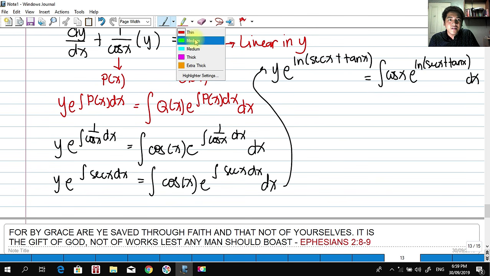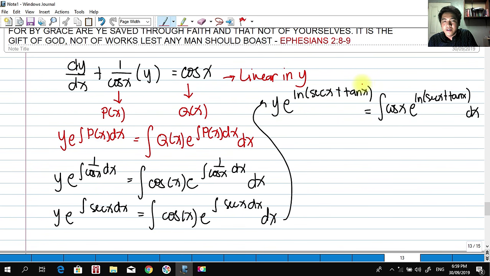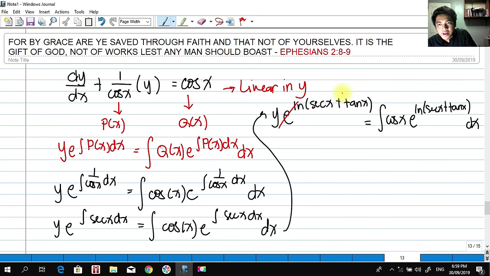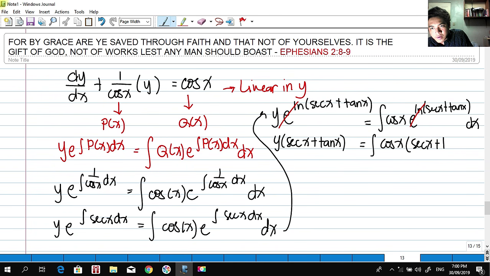As you can see here, e raised to ln will cancel. So what will happen to the equation? We have y times (secant of x plus tangent of x) = the integral of cosine of x multiplied by (secant of x plus tangent of x) dx.